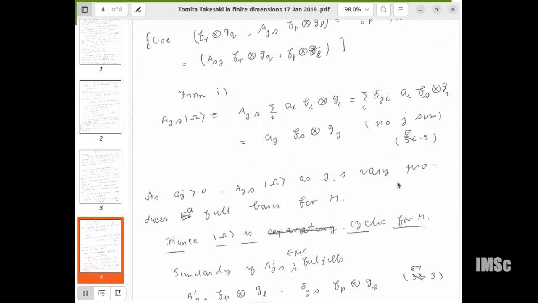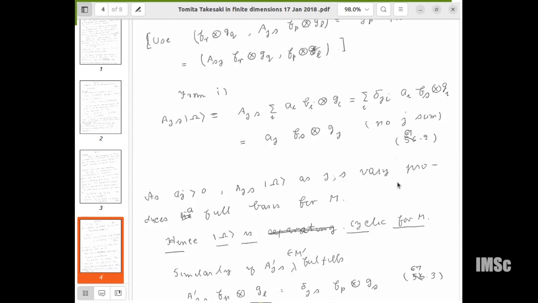The calculations are essentially the same, changing indices. So you find there is a set of operators A_JS acting on the left, generating the full Hilbert space, and a set of operators acting on the right, also generating the full Hilbert space. And the vector I have chosen is non-singular for both of them, non-vanishing for any vector in the matrix algebra.